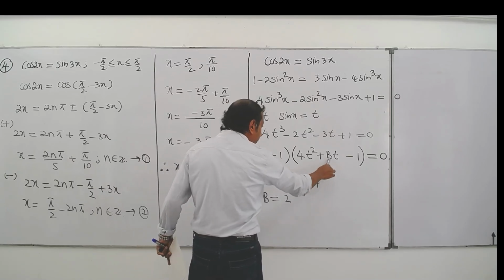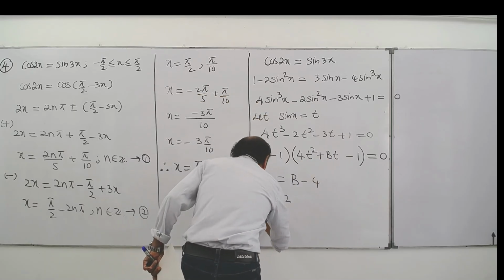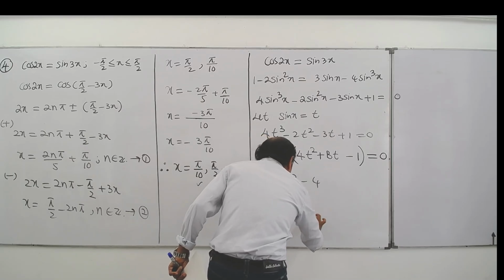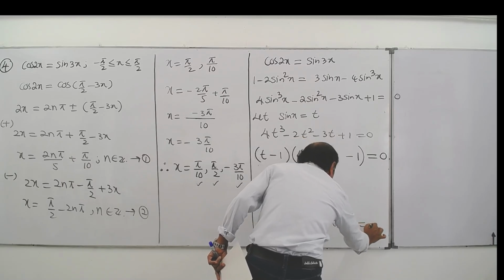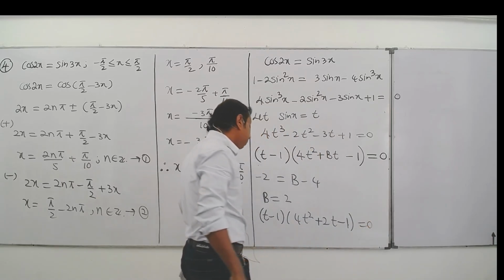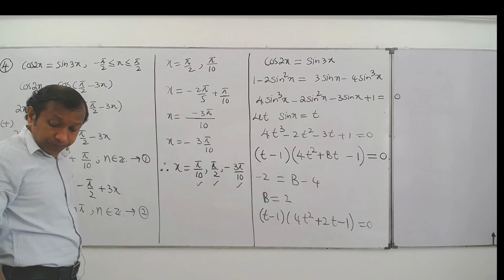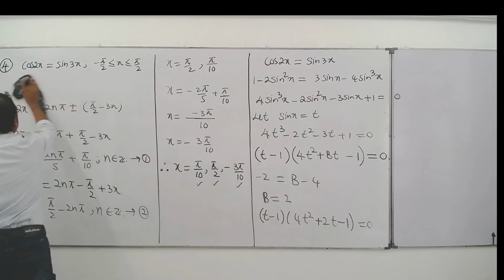Right. Then this unknown b is found. Therefore, I can rewrite this as t minus 1 times 4t squared plus 2t minus 1 equals 0. Okay, right. Then I can write like this.